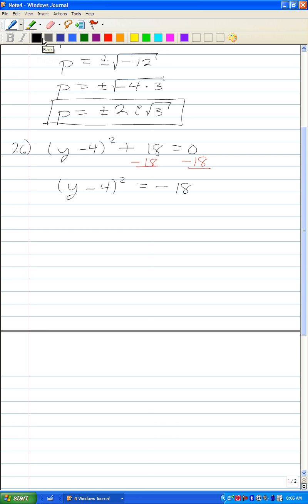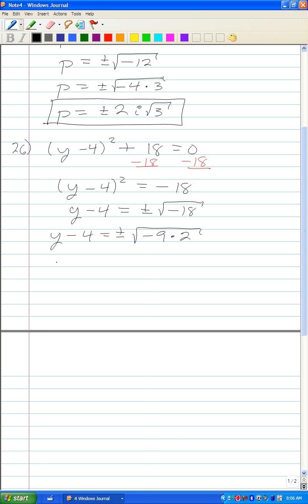By the square root property, I have that y minus 4 is equal to plus or minus the square root of negative 18. Let me write negative 18 as negative 9 times 2.